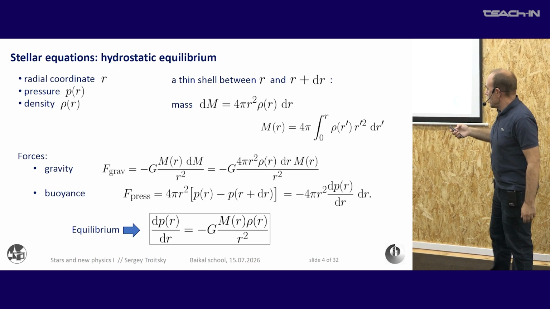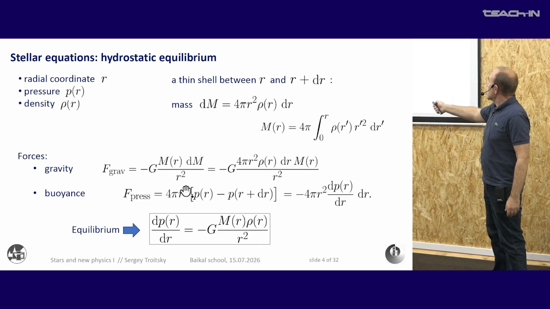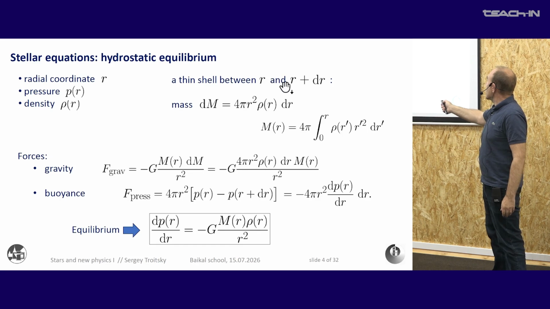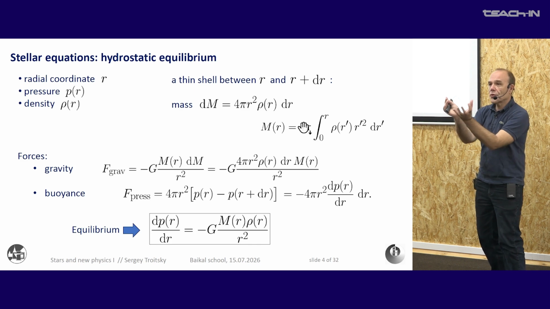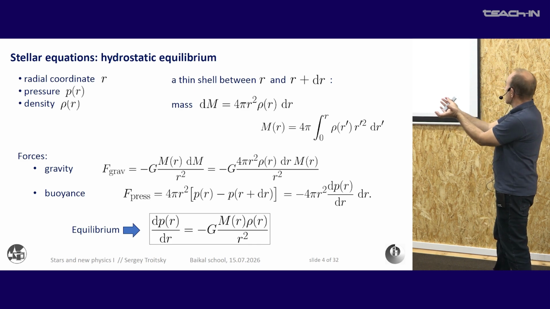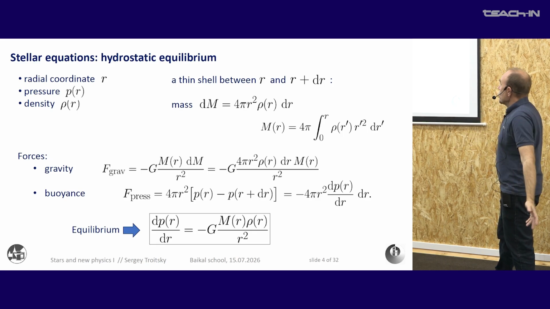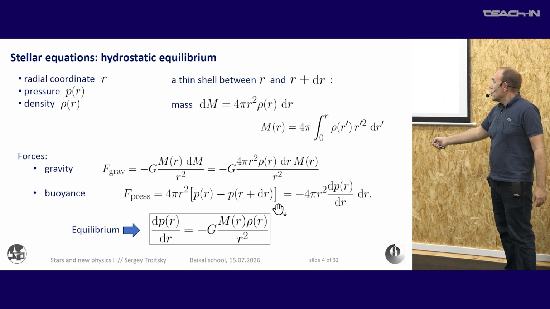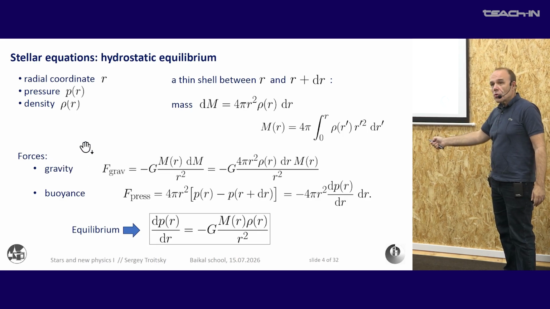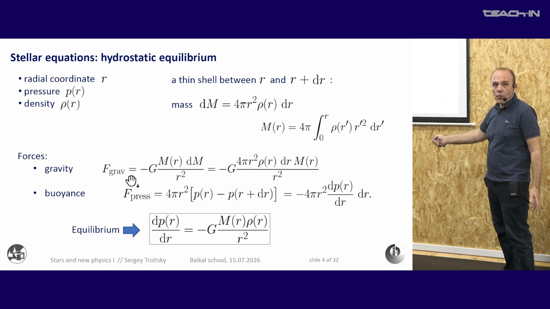Consider a thin shell between R and R plus dr. It has a mass expressed through the density, so we will also use this running mass as an integral, the mass of the ball inside this sphere. And we need to equate the gravitational force and the Archimedes force.